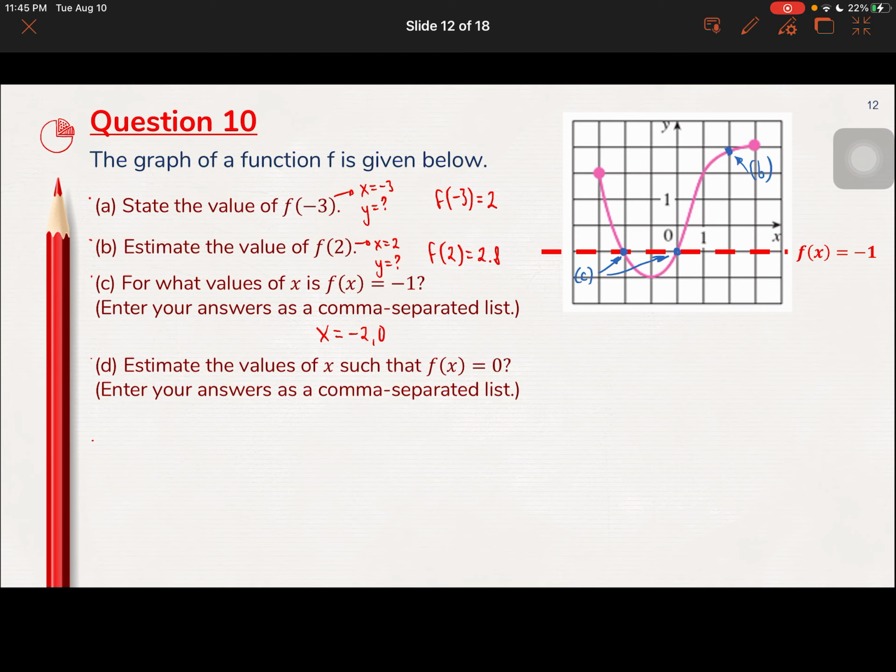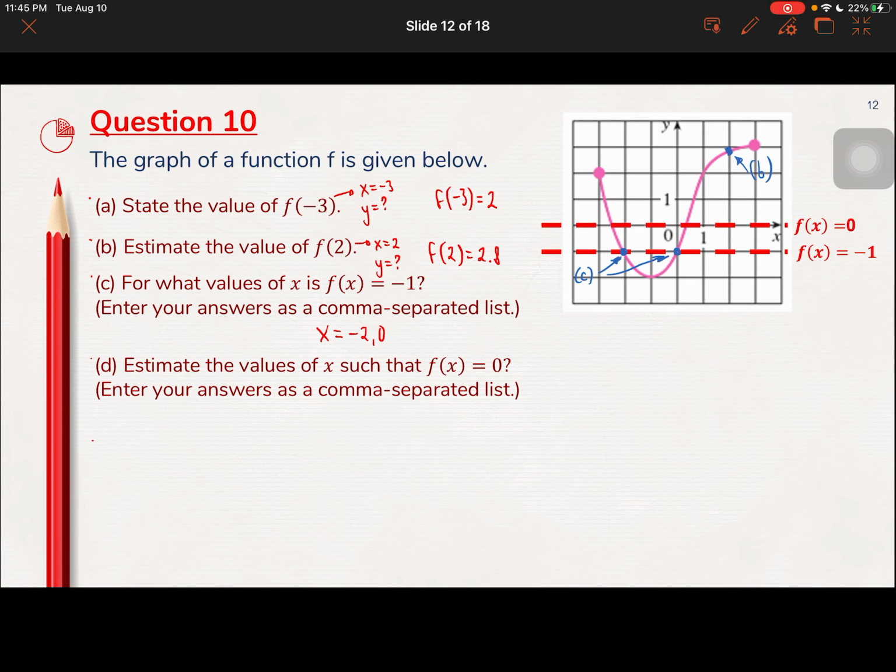Now for letter D, it says estimate the values of x such that the function is 0, and we're going to enter your answers as a comma separated list, as we did in the previous one.